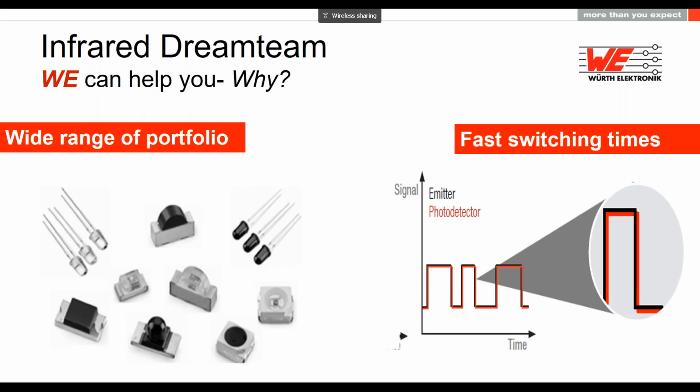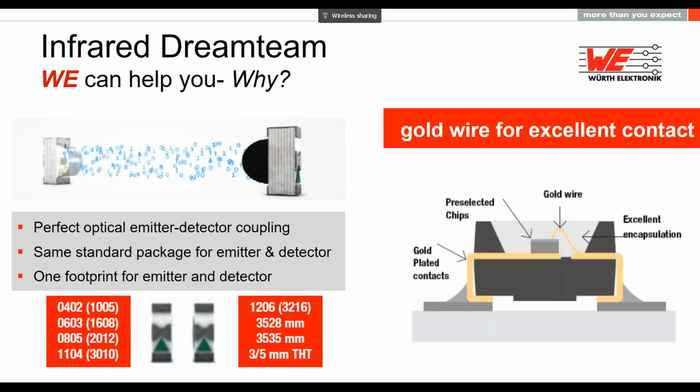And of course, you will get the best match and the fast switching times from our products. The single standard footprints, we can also say that we have 99% of all the footprints available on the market, starting from the smallest 0402 to the high power 3535 ceramic.